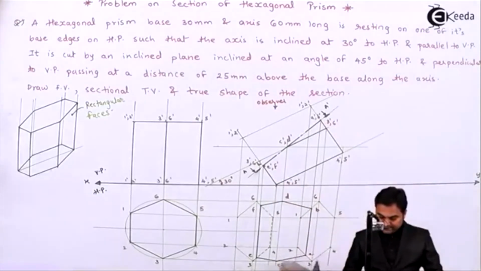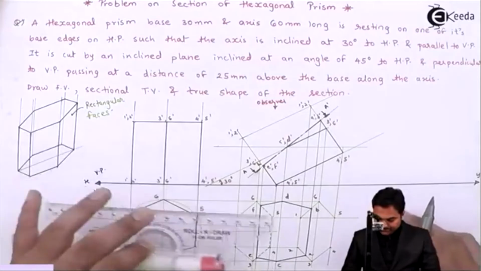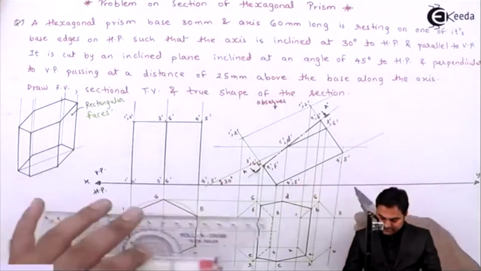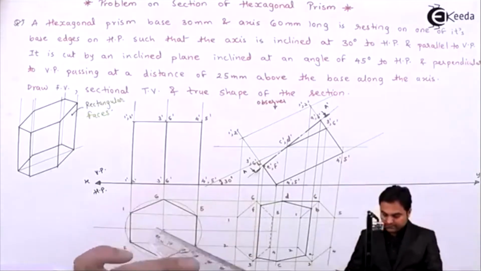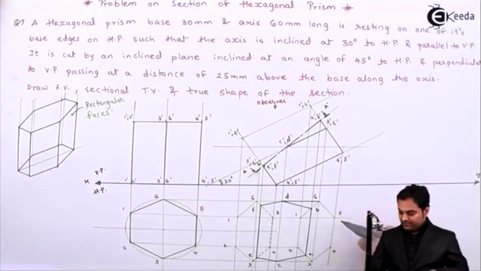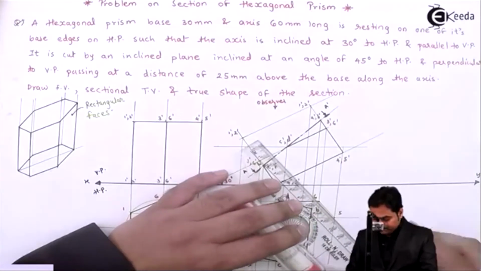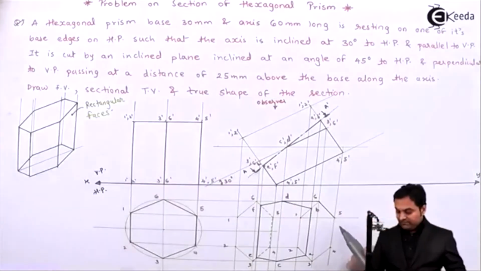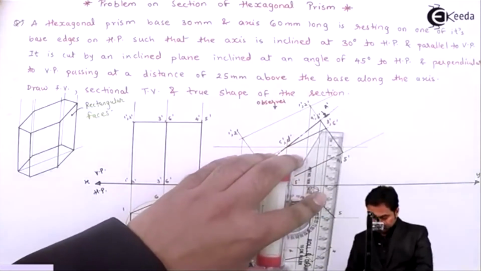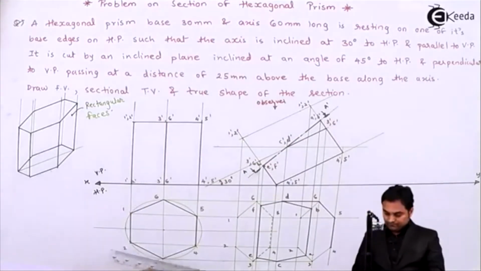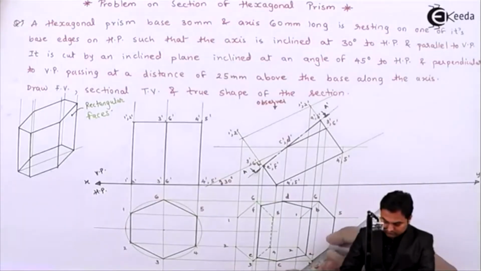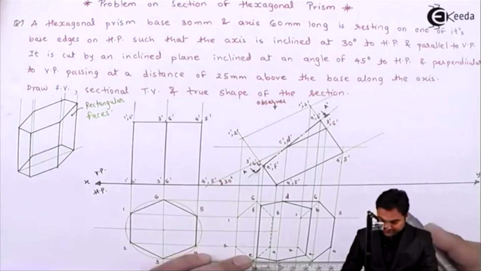So this right hand side part is retained, that is D to 6 is connected. Then 6 and 5 are connected. 5 and 4, 4 and 3, 3 and C.